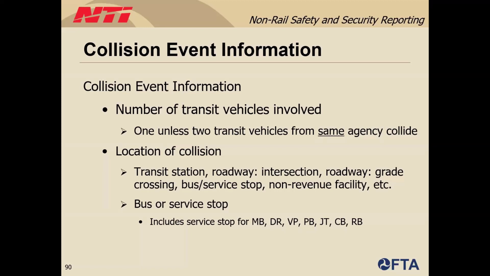The location of the event, such as the transit station, roadway intersection, roadway grade crossing, bus or service stop, non-revenue facility, which would be a transit bus barn, yard, or maintenance facility, etc. Bus or service stop is appropriate location for modes such as demand response, which is paratransit, pickup at a person's home.